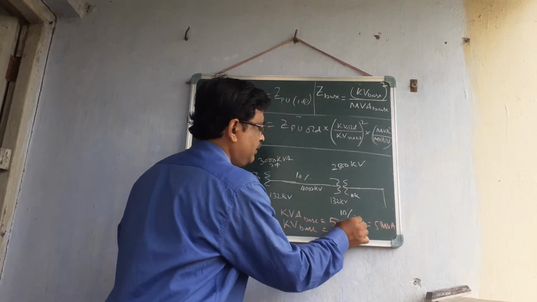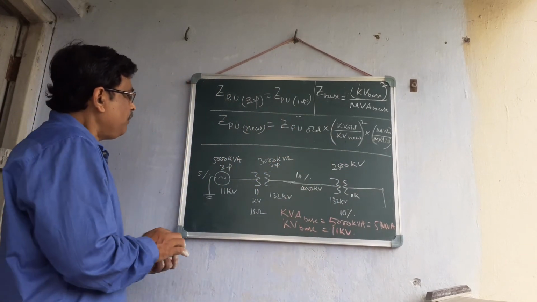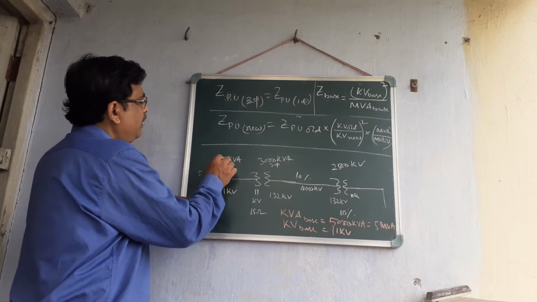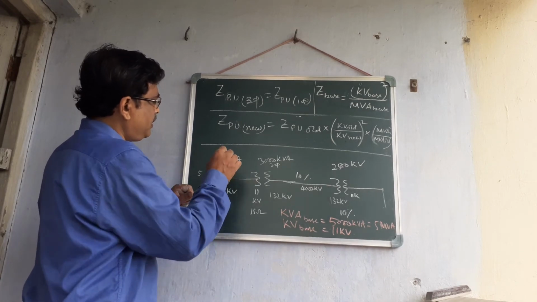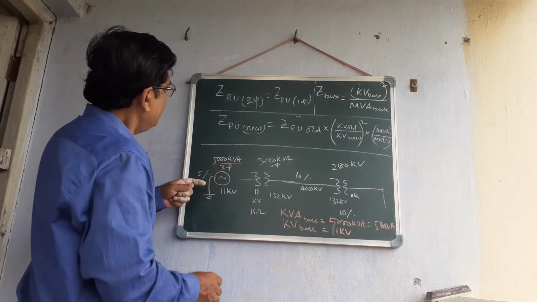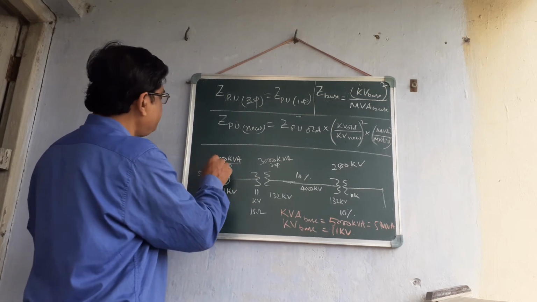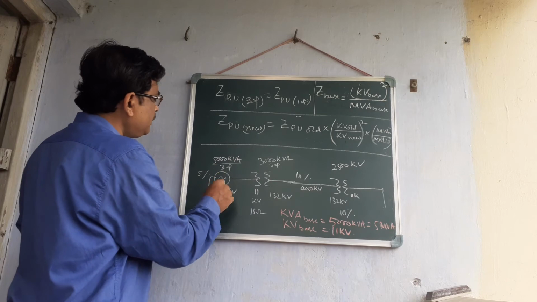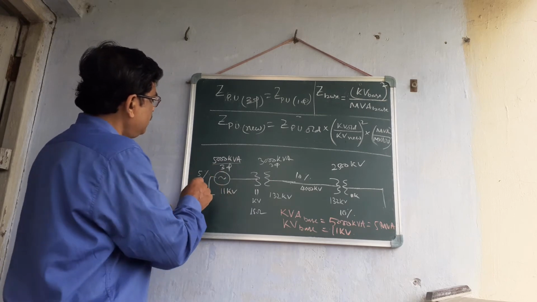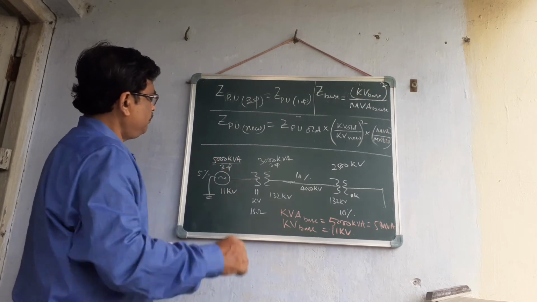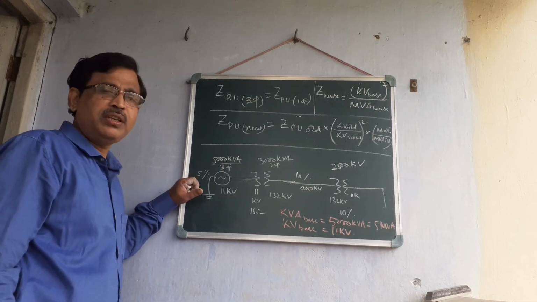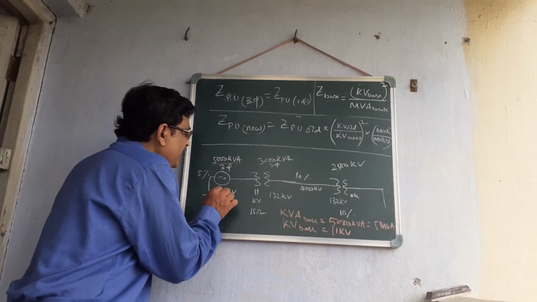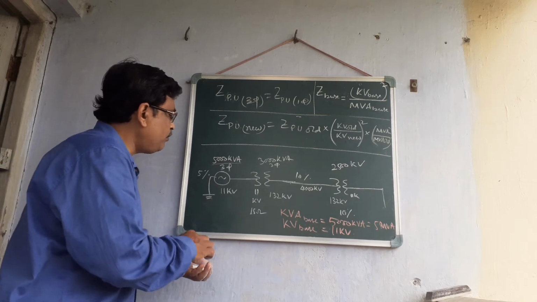It is important, because here everything is 5000 kVA, 11 kV, and 55% is reactance.